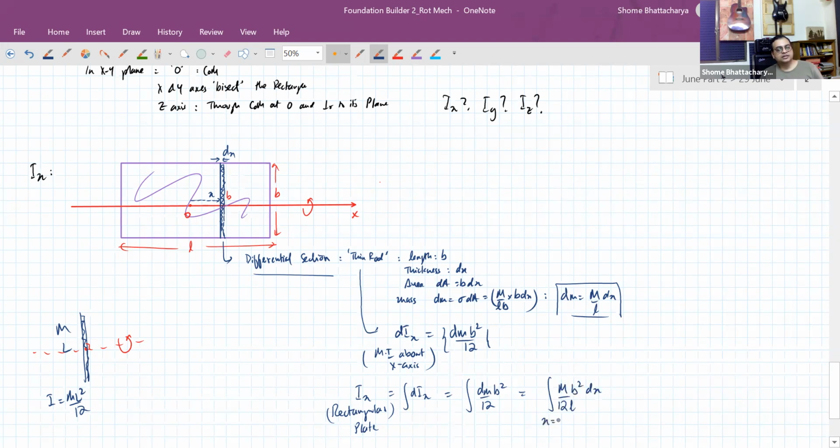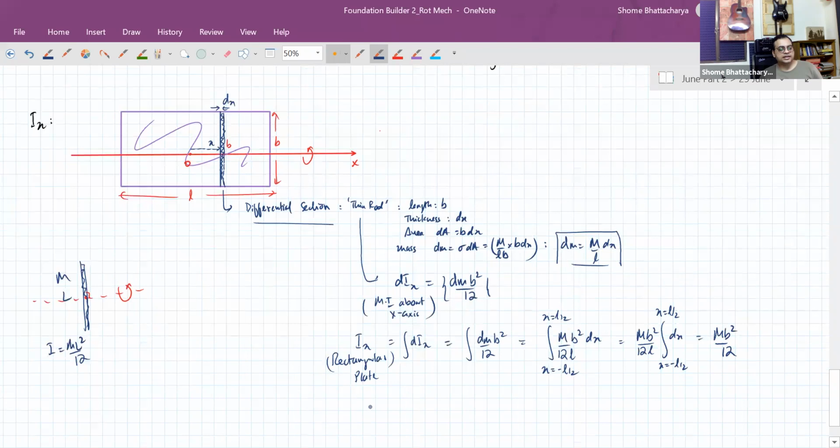Now this x has to be integrated from minus l by 2 to l by 2. Or we can just bring all this outside and we are left with integration of dx from one end of the rod to the other end of the rod. So that will finally give us mb square by 12.